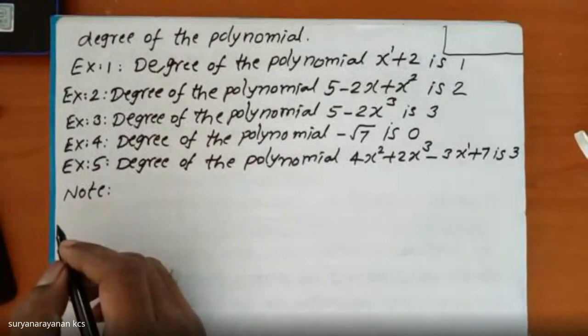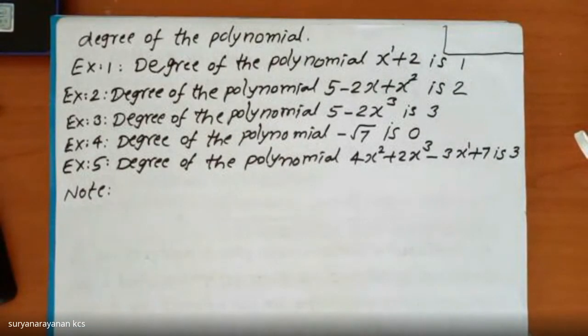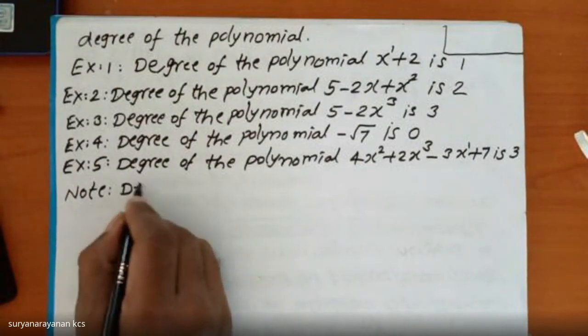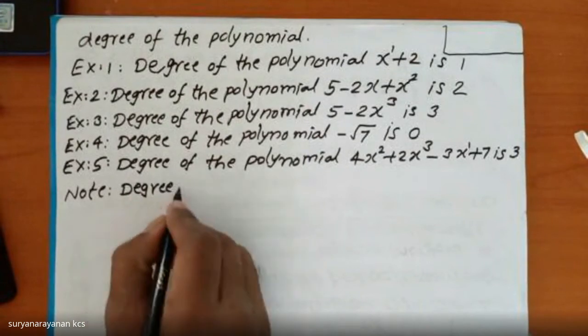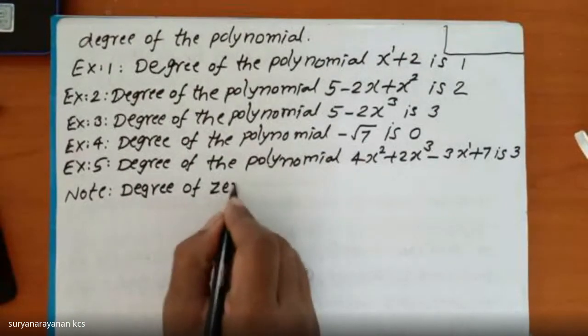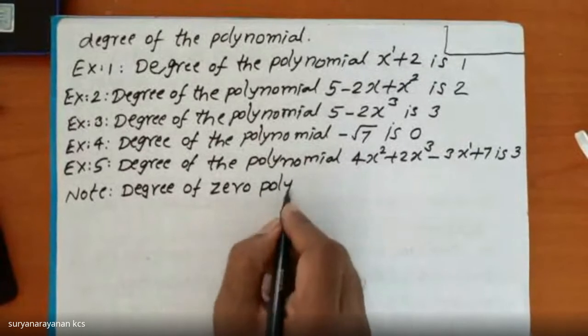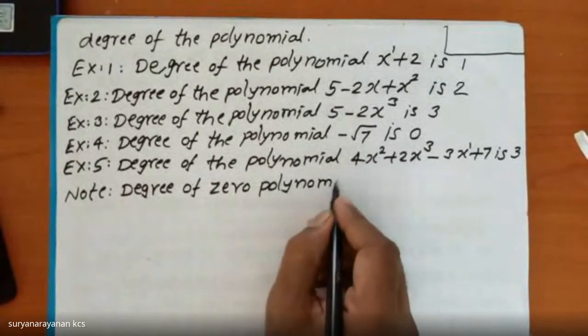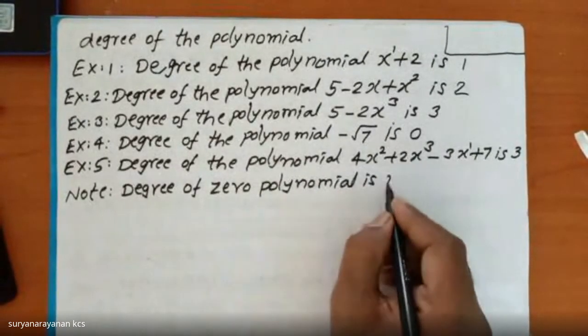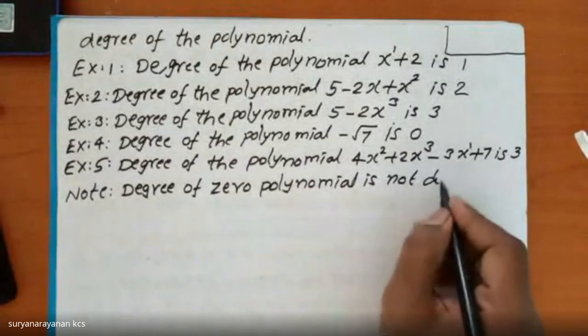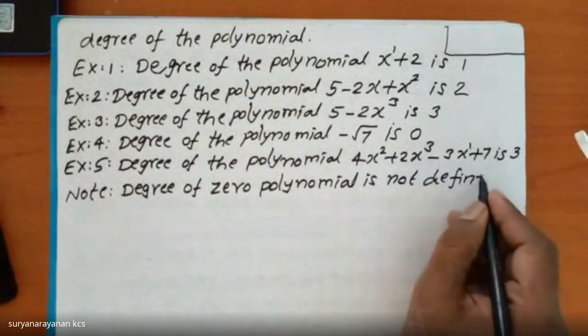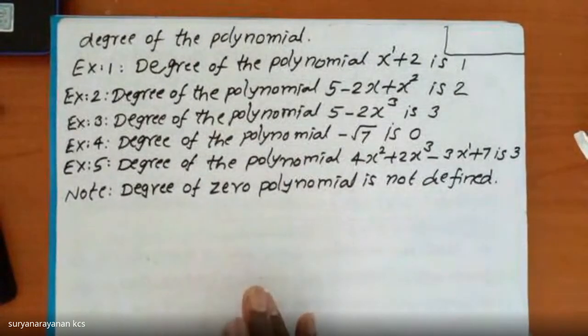Now remember this point. Degree of 0 polynomial is not defined. We cannot define the degree of a 0 polynomial.